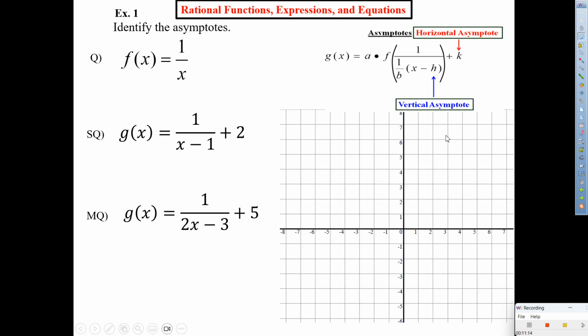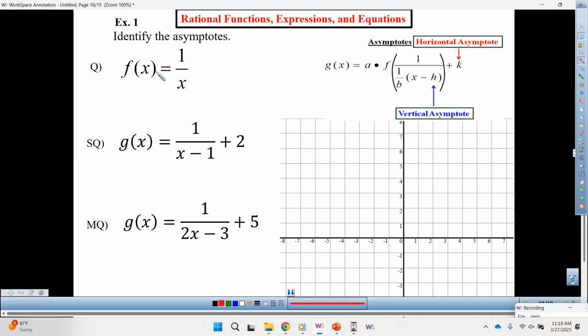So with that said, go to the front side of that handout, please. Here we go. Start with example 1Q, this one, the parent function. I've been giving you this one already from the get-go. So first thing I want you to write next to it, I want you to write VA, which stands for vertical asymptote. And then you're going to write x equals.